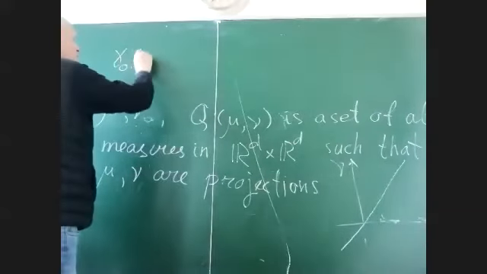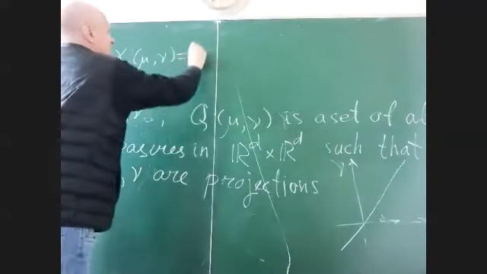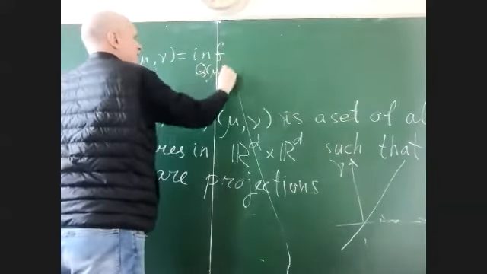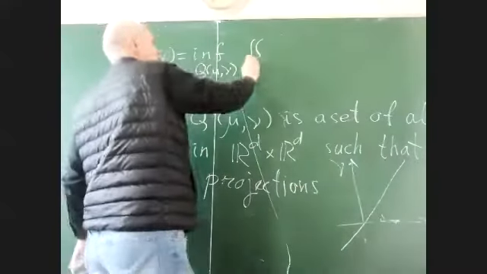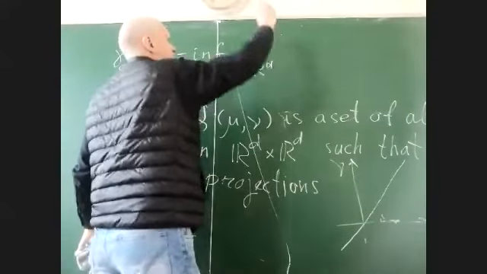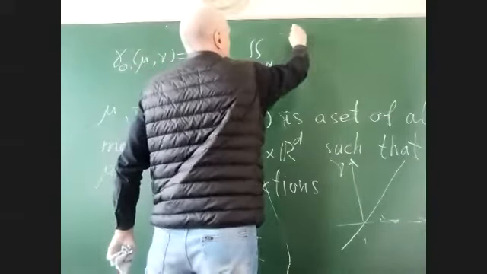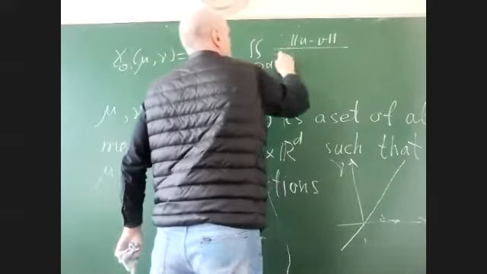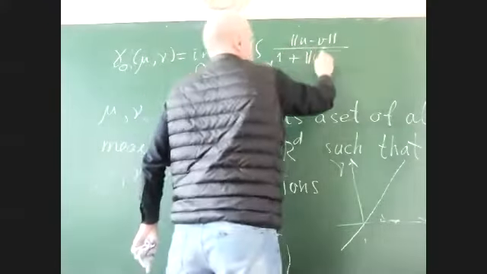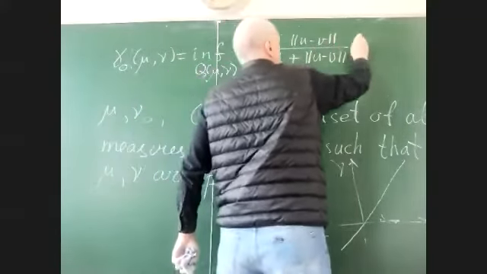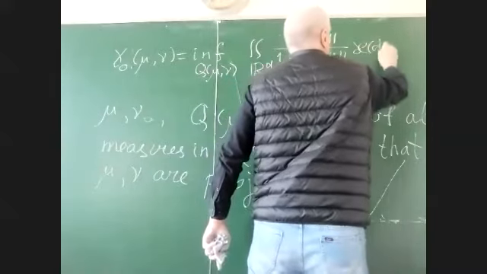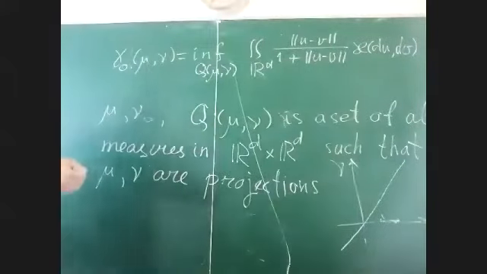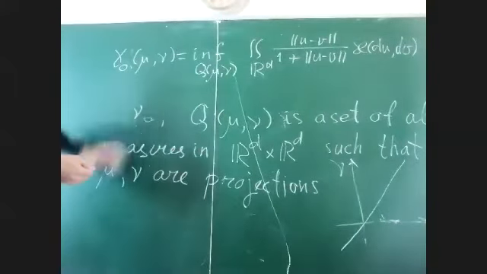Gamma 0 of mu, nu is the infimum with respect to kappa in Q(mu, nu) of such an integral with respect to kappa: the minimum of the norm of u minus v and 1, kappa du dv. Here is gamma 0.